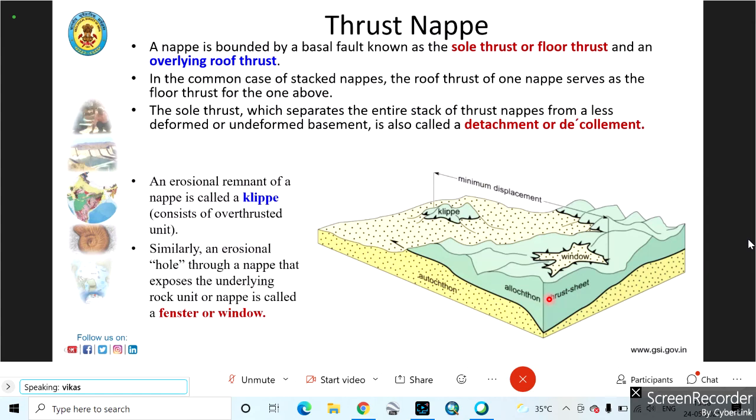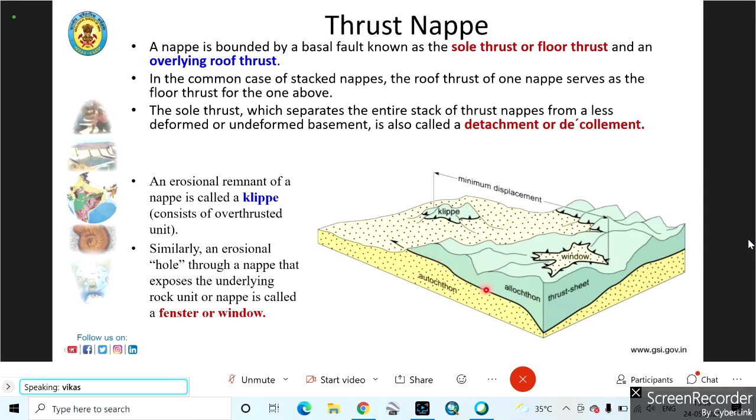And this sole thrust, which separates the entire stack from the bottom part, which is usually less deformed or undeformed, that is, your autochthonous part, is called the detachment or decollement. This particular layer is above the autochthonous.